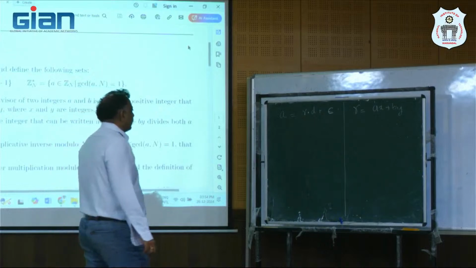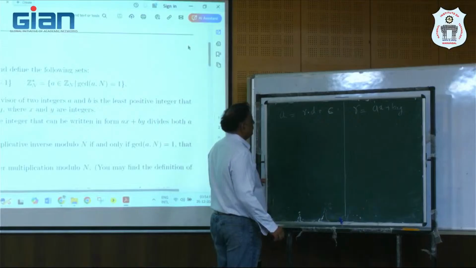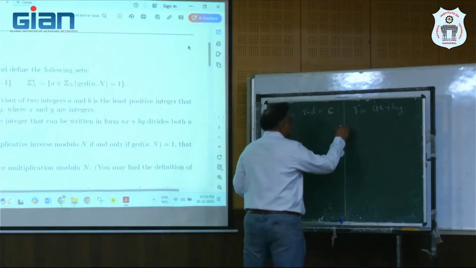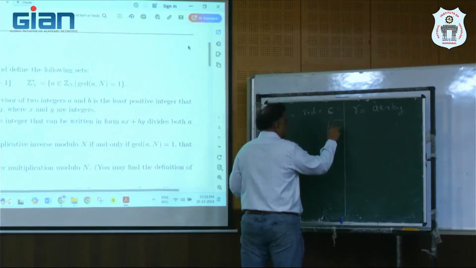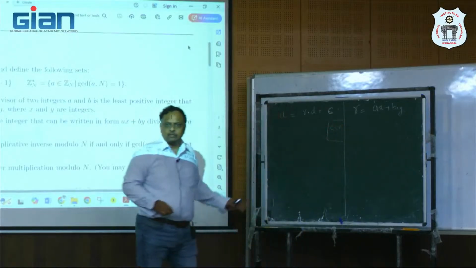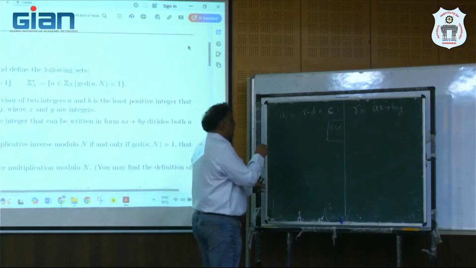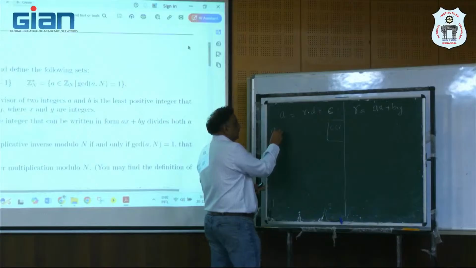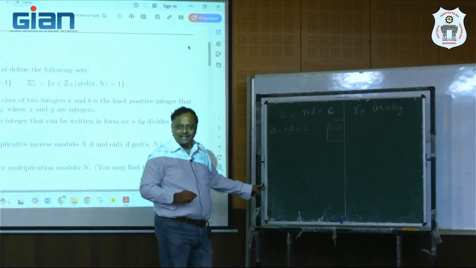But then what happens? That time C has to be less than R, right? Correct, because C is the remainder. It has to be less than R. So A minus RD is C, correct.